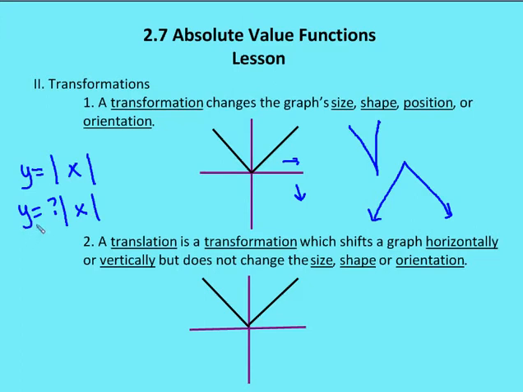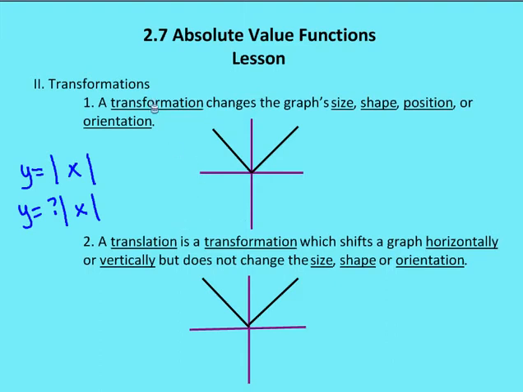So I'll leave you with that as we continue our discussion on the absolute value functions. So I can change the size, I can change the shape, I can change the position, and I can change the orientation. Okay. So let's talk about translations.